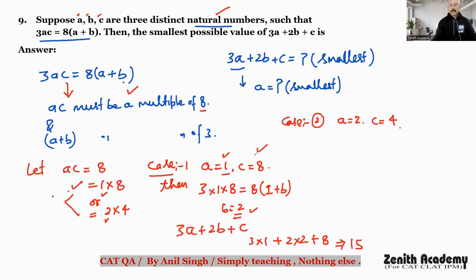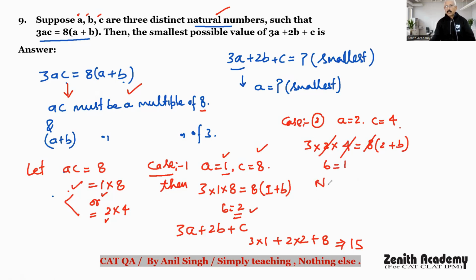And now in this formula, 3 into 2 into 4 is equal to 8 into A, A is 2, and now B. So 4 and 8 cancel, and 3 is equal to 2 plus B, so B is going to be 1.